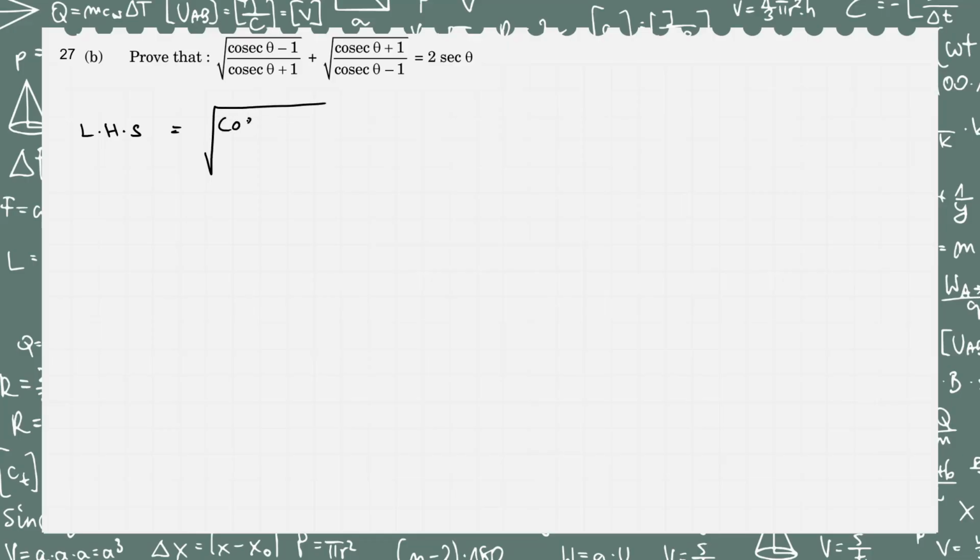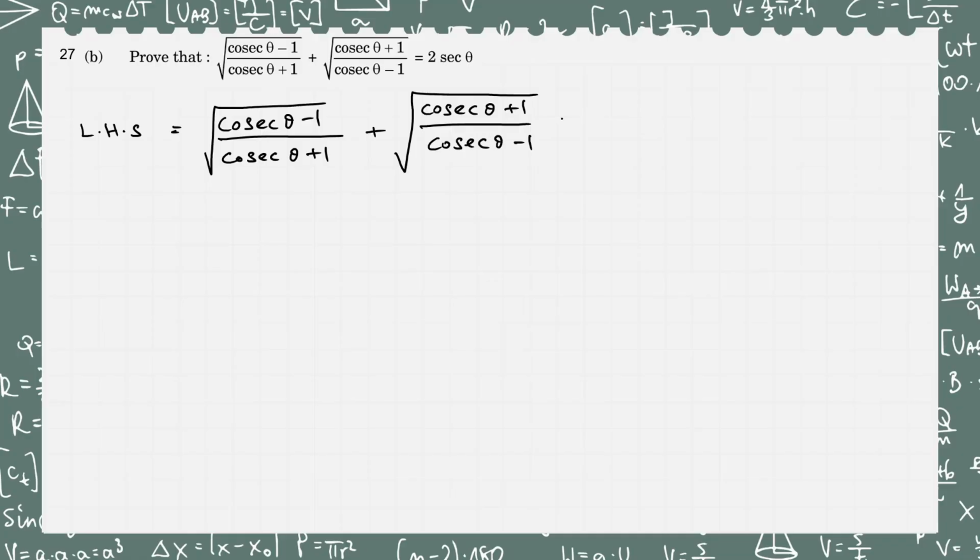Root of cosecant theta minus 1 by cosecant theta plus 1 plus root of cosecant theta plus 1 divided by cosecant theta minus 1. We need to separate out the root for the numerator and denominator. Otherwise, we won't be able to take LCM and simplify this, right?